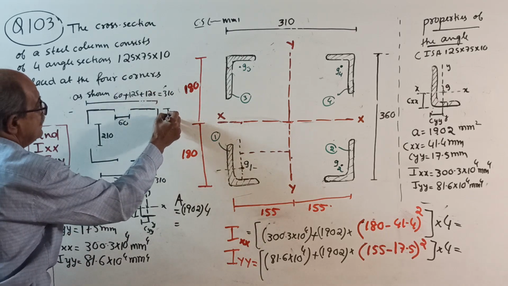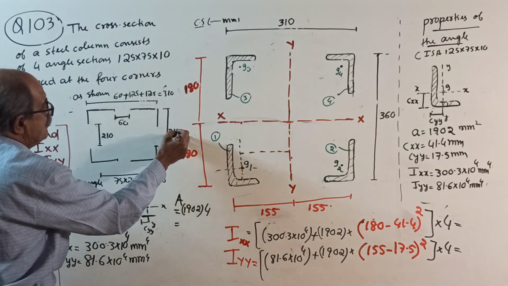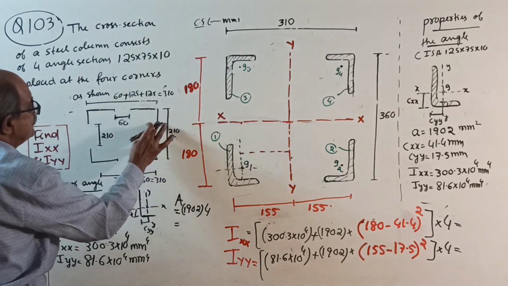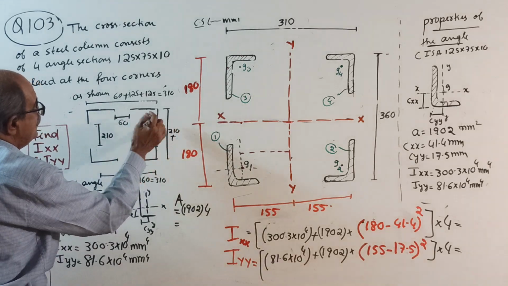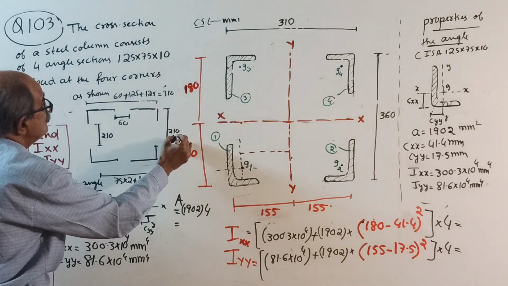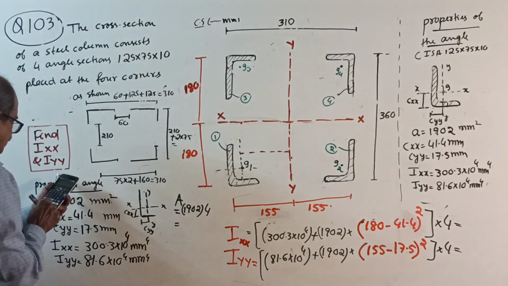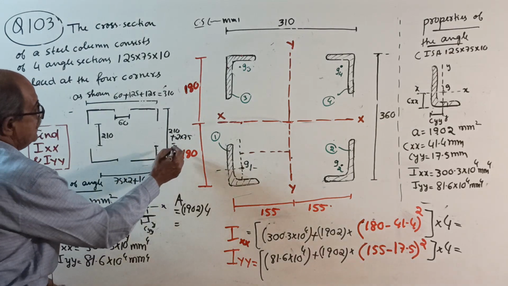And this height will become 210 gap plus 75 plus 75, that is 210 plus 2 into 75, 360.